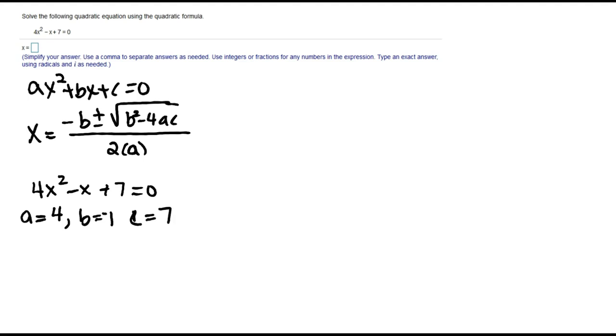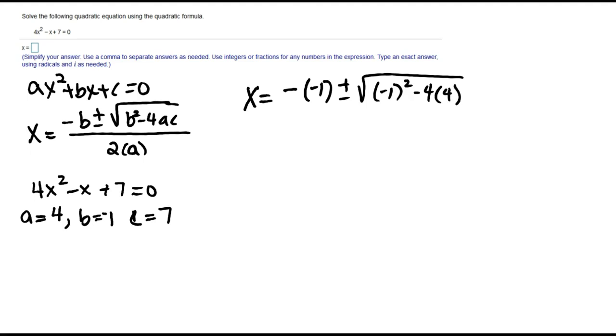We'll substitute these values into the formula. X equals negative b, and b is a negative 1, plus or minus the square root of b squared minus 4 times a times c, all over 2a. Okay, so I've got the formula written out. I'm going to simplify using order of operations.